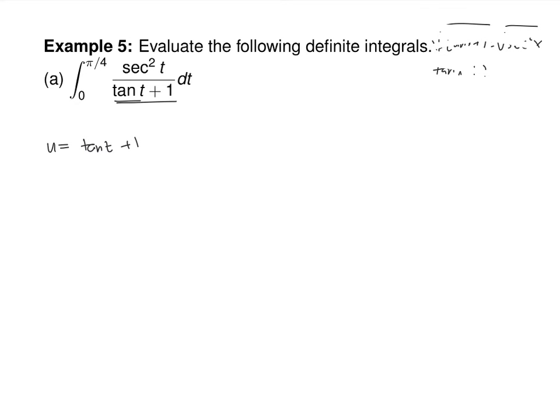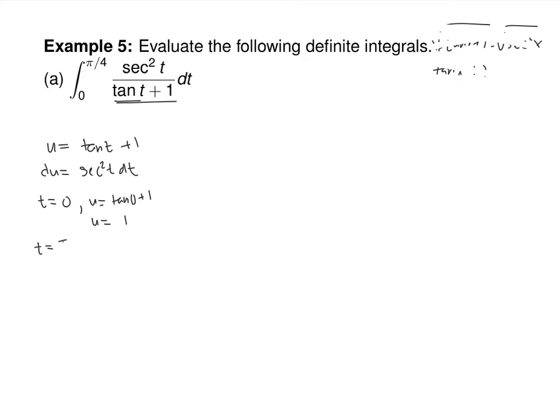Okay, so if your u is tan t plus 1, what's the derivative of that? And you're going to know this method will work when that derivative shows up in your integral. And you're like, woohoo, I got it. Now with definite integrals, you also need to change your bounds. If t is equal to 0, u equals tangent of 0 plus 1, which is 1.